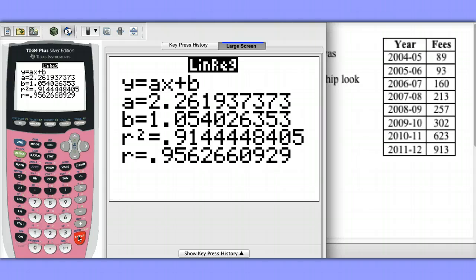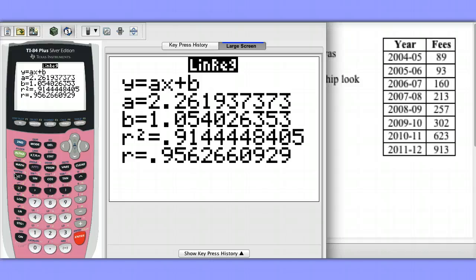Okay, so there we'd have as our equation natural log of fees hat equals 2.26 times the natural log of year plus 1.054. So let's take a look at a residual plot before we decide whether we think an exponential model or a power model might be better.